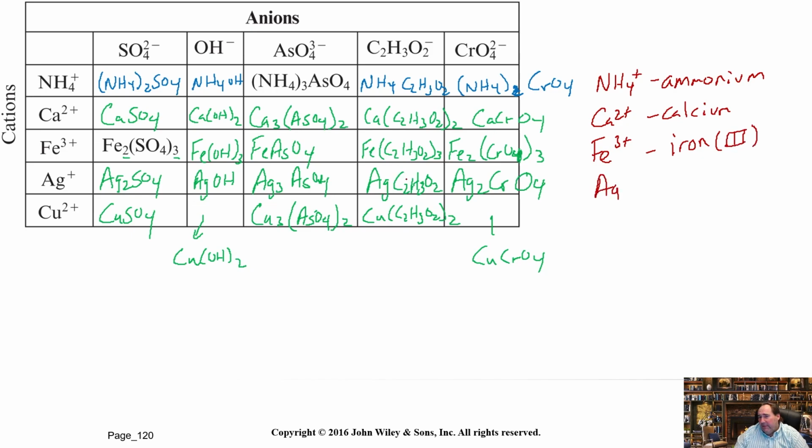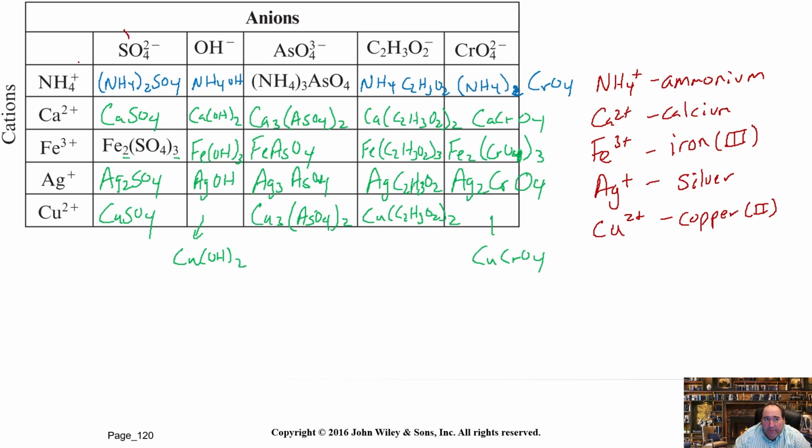That is silver, which is a transition metal, but one of those ones that have a fixed charge, which means I do not need a Roman numeral. And lastly, copper, which is a transition metal, means that I do need a Roman numeral. So let's do it Cu2+ here. So that's going to be copper Roman numeral 2, as that again is a type 2 compound, our metal.